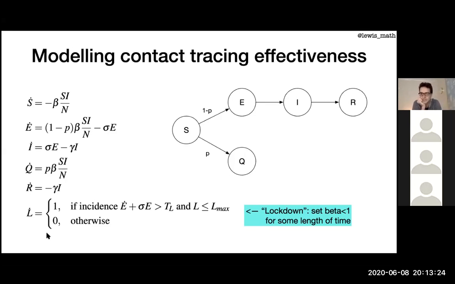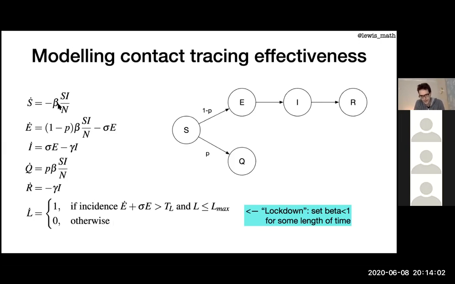So we bring in some of the complexity around contact tracing by some of the modifications that we make, or the way that we treat some of these parameters. The first thing that I've got down here, this L1, is a lockdown that we build into this. Noticing that Australia and other countries were going through this process of locking down in March, April, we build that into the model. So if incidence goes above some threshold, then we essentially reduce the beta parameter here in the model to something that's below 1.